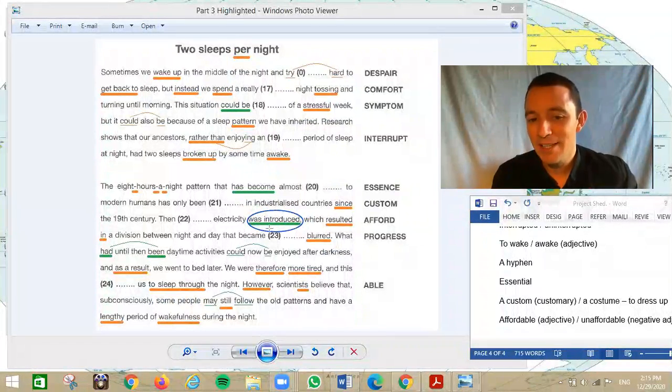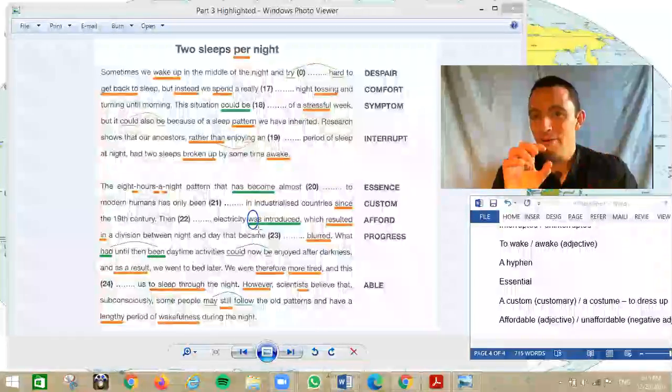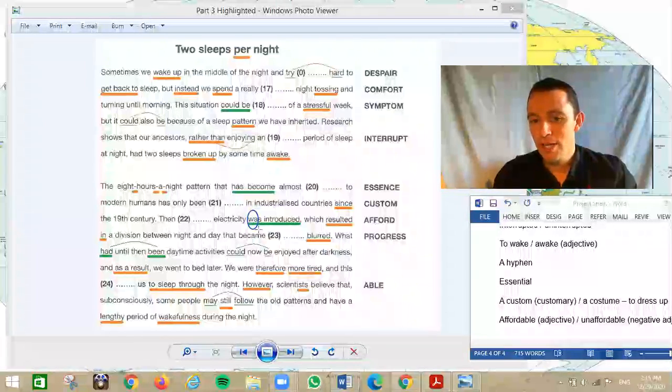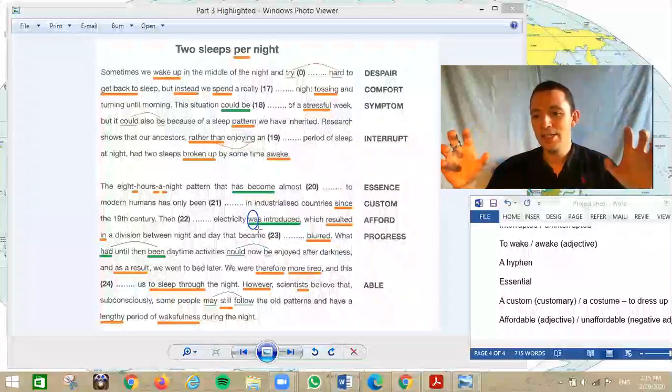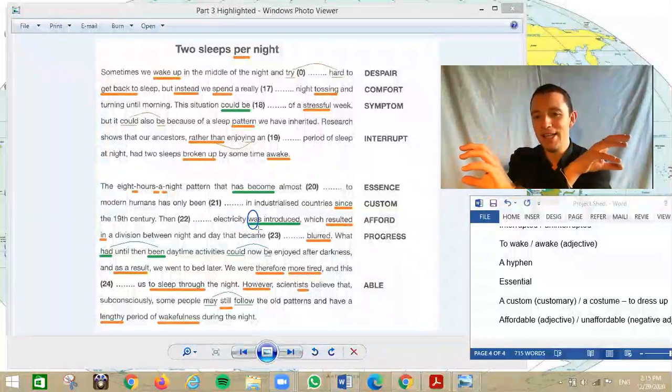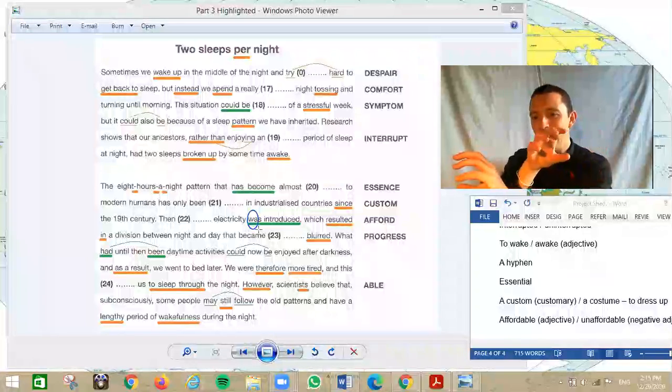So remember, the active is the subject, the verb, and the object. For example, I introduce my friend to another person. But the passive, we change the position, the other person and I. Okay, so my friend plus the auxiliary to be, was, in the past, participle introduced by me.